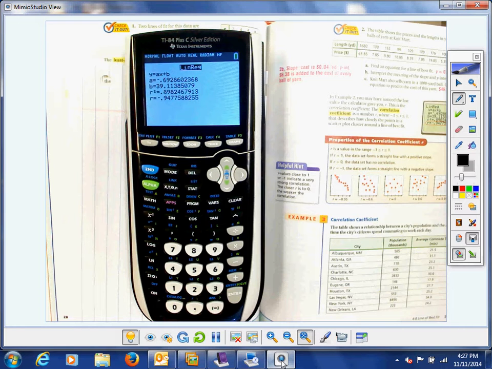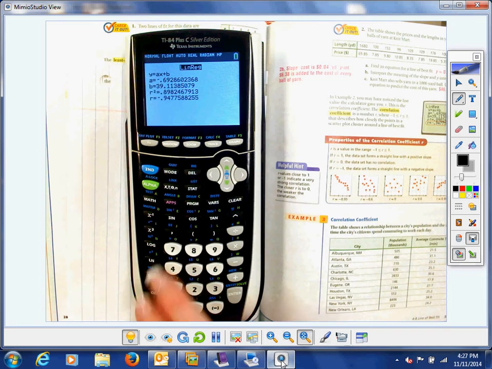I had data from example 2 in there, so I just wanted to show you that it will appear from now on. Okay, so if you don't have R squared or R, hit second 0 and scroll down to DiagnosticOn, hit enter twice, and it should load that for you.